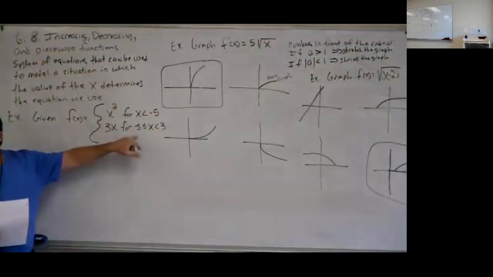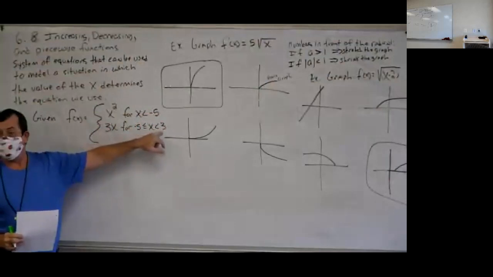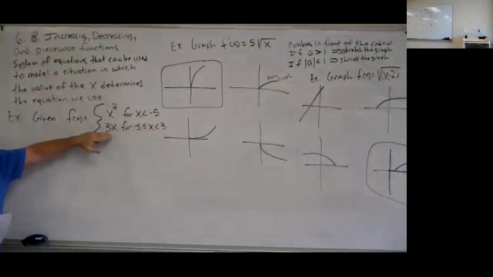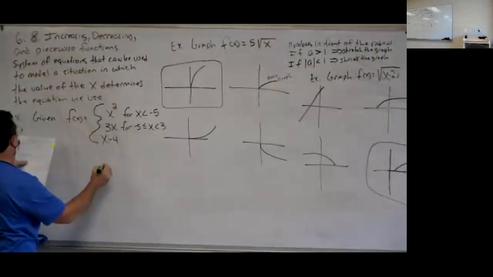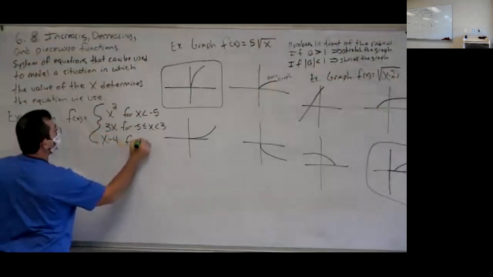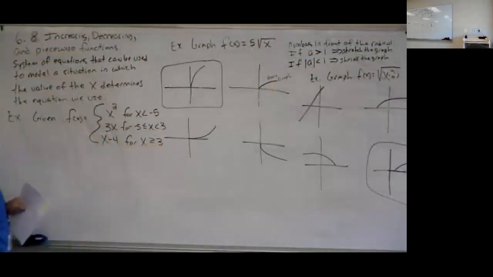So if it equals -5, but it's still less than 3, I'll use the second equation and put whatever number in for the x and multiply by 3. The last equation will be x minus 4 for any x greater than or equal to 3.